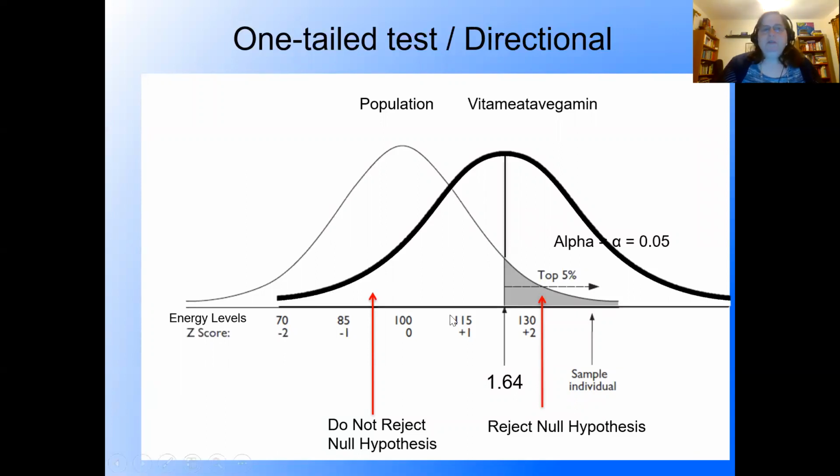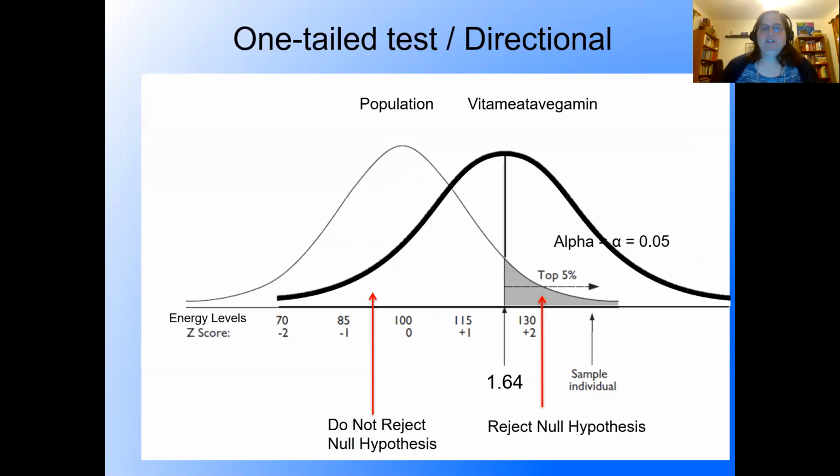So you might remember that I told you that z-score of that top 5%, that 1.64, was kind of important. So if our alternative hypothesis is that those taking vitamin D regimen will have significantly higher energy levels, we are hoping that the mean for vitamin D regimen falls above 1.64 standard deviations above the mean.